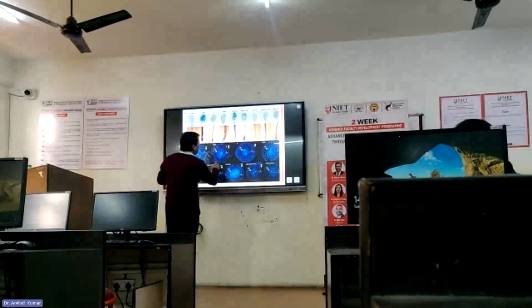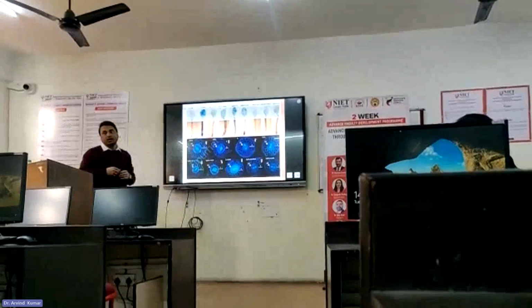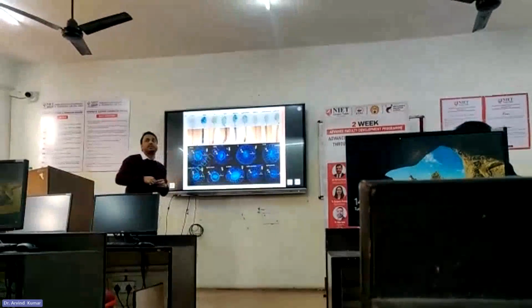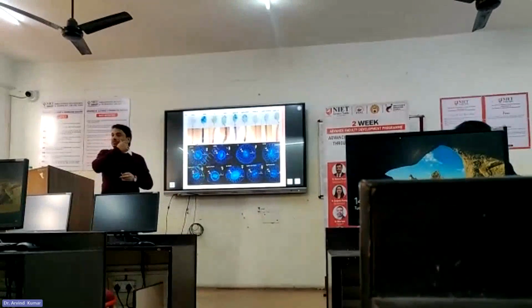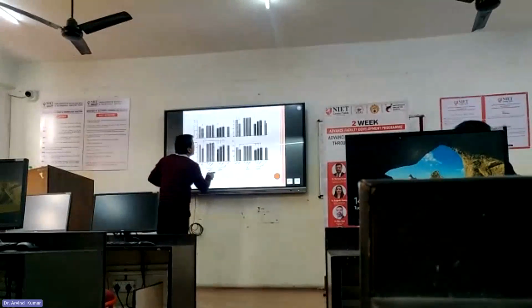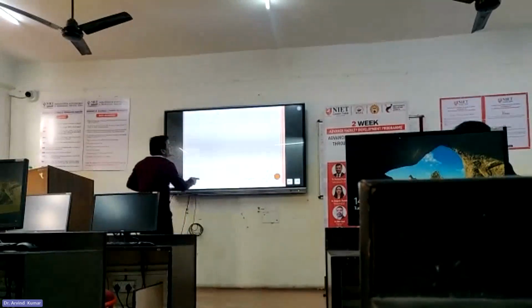These are some other parameters which we have analyzed with the plants, and here you can see the difference between the PGPR efficiency and silicon particles. So these are some results which are published in the Journal of Analysis.